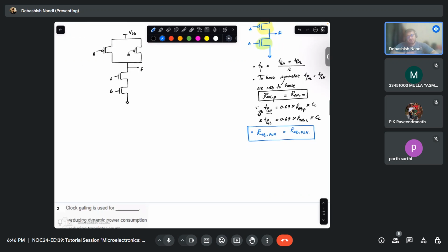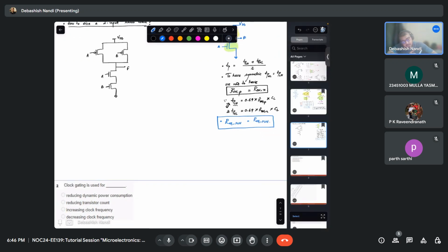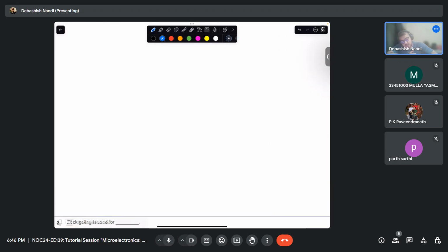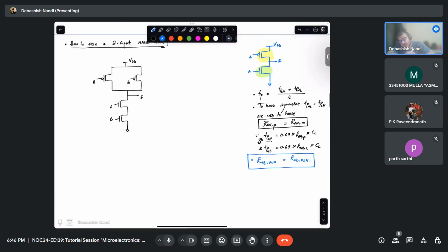Now, by the way, how do we annotate the size of the transistors? What does this mean? This is 3, let's say this is 6. What does this mean? This means your W by L ratio. Okay. So this is how we denote the sizes.